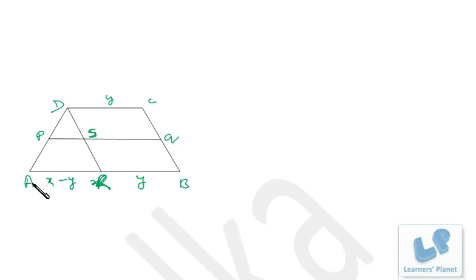You must be knowing the midpoint theorem. Now what exactly is the midpoint theorem? See, P is the midpoint of AD, S is the midpoint of DR, and PS is parallel to AR. That means length of PS must be half of AR, right? Listen to me once again.